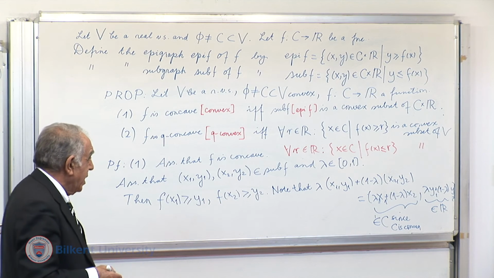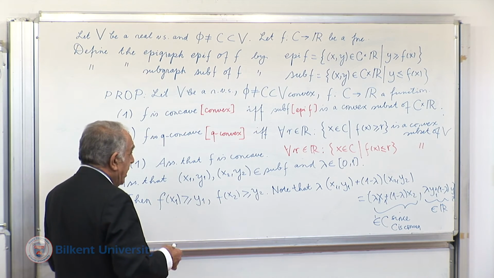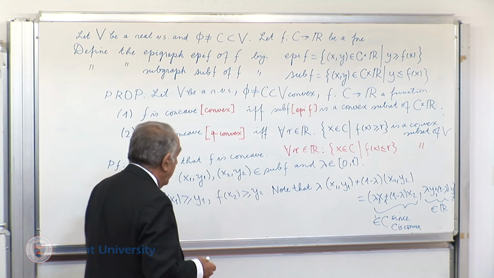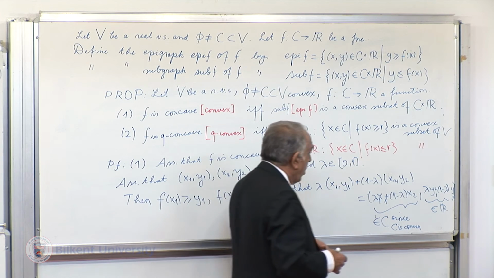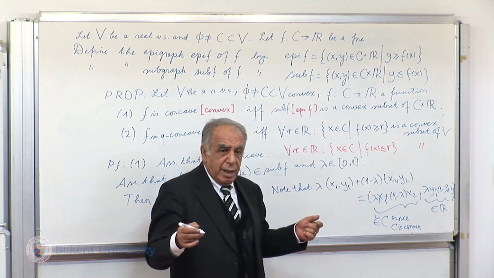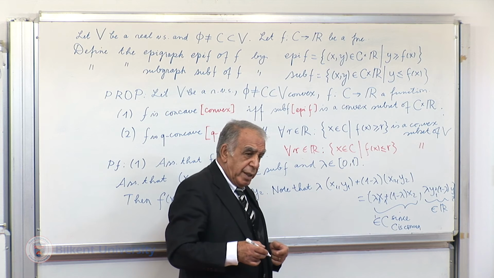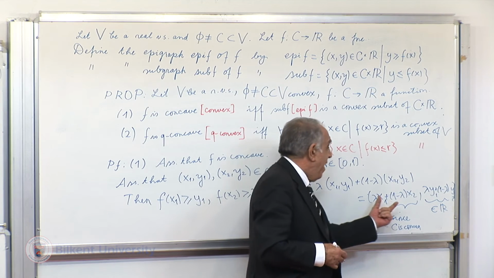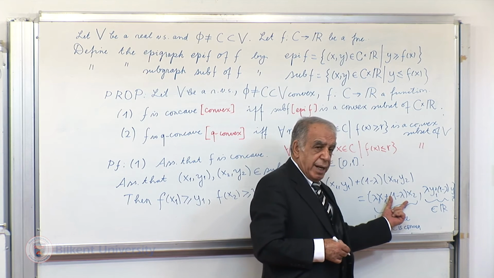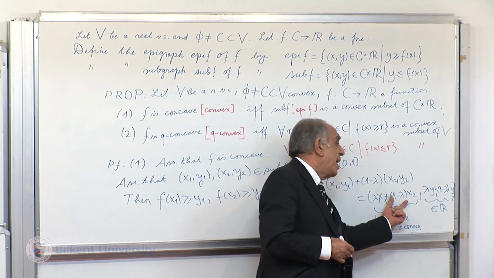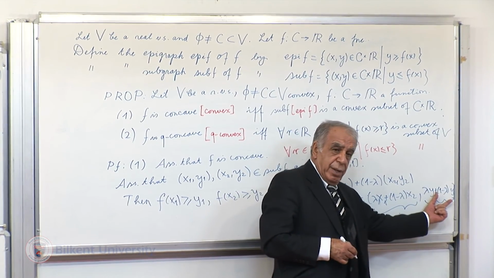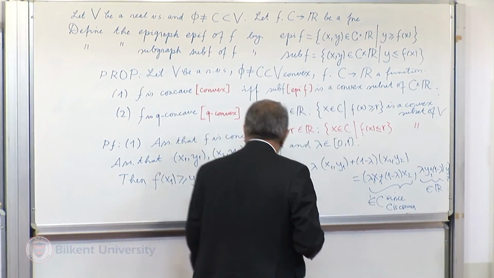So this is in C cross R. In order to conclude that this combination belongs to the subgraph as well, all we need to show in addition is that f of this combination is larger than or equal to the second component.